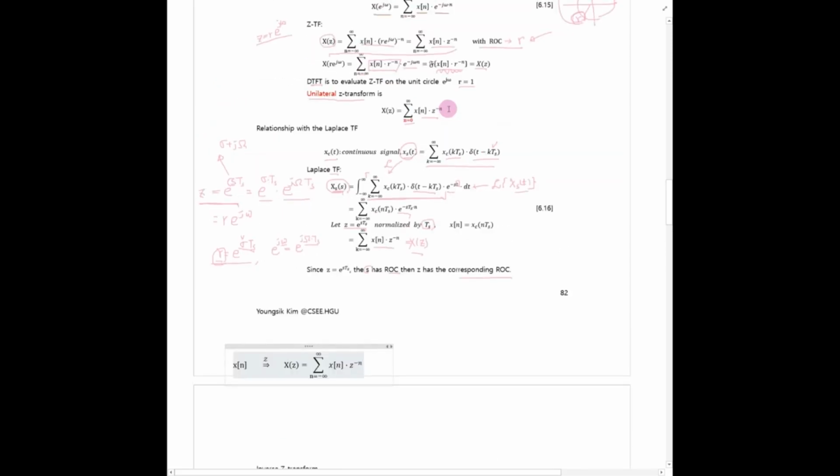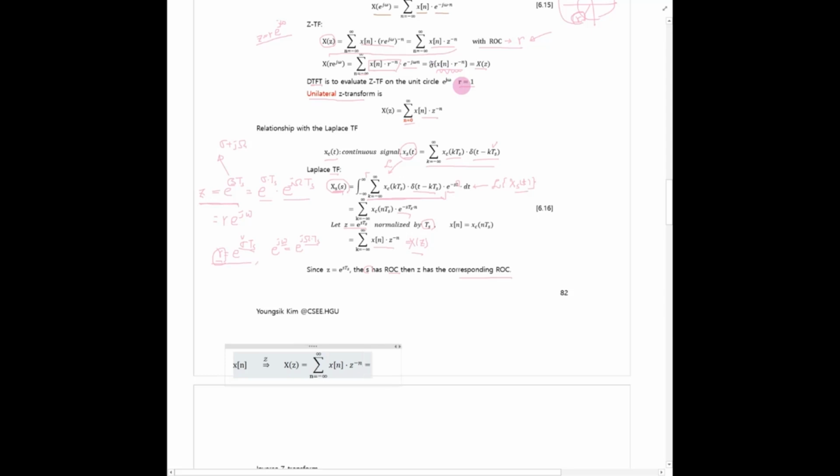By taking the z transform, X of z is defined by the sum for n changing from minus infinity to infinity of x[n] z to the minus n. This is the z transform.